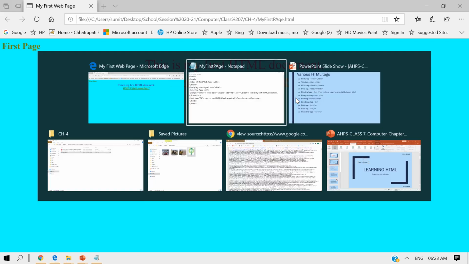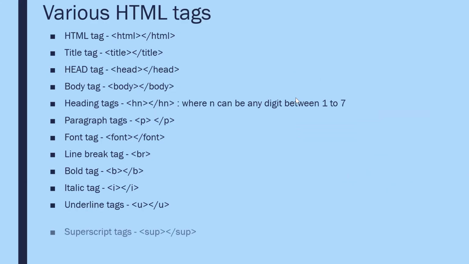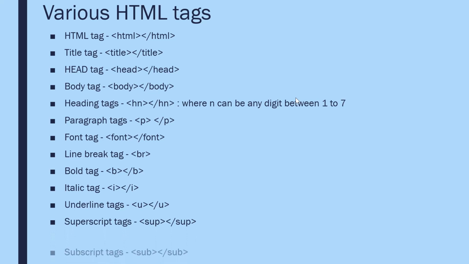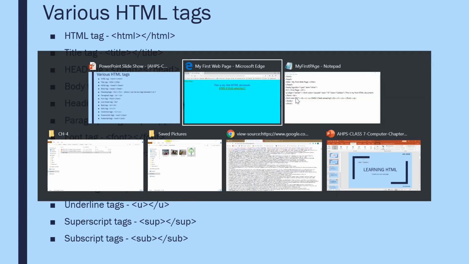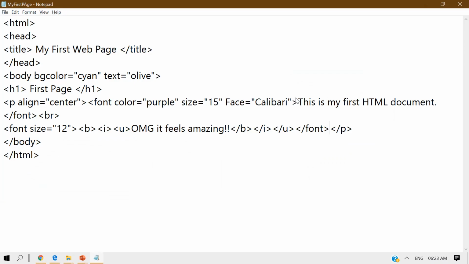Now we have some more tags left. One is the superscript tag and the other one is the subscript tag. So let's try them also. Okay, so let me write a new line here. So where do we use superscript and subscript?